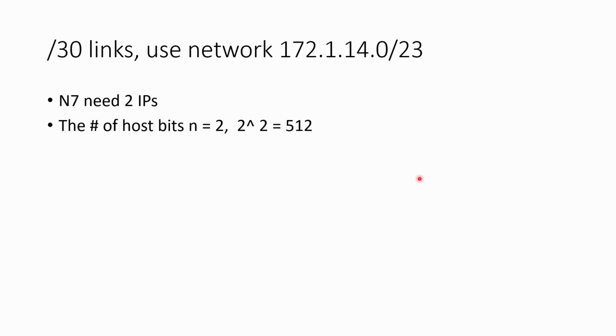So we use the next available network, 172.1.14.0/23, create the smallest subnetworks for the point-to-point links, connect branch 1 and branch 2 to headquarters. Now, only 2 IP, so obviously only 2 host bits. Then we use the given network.